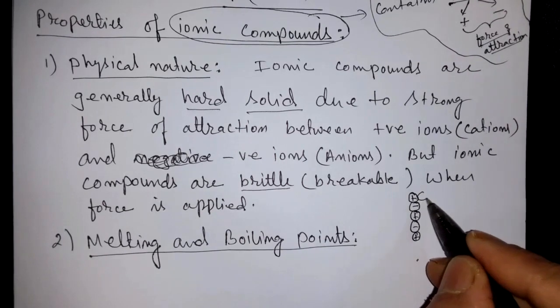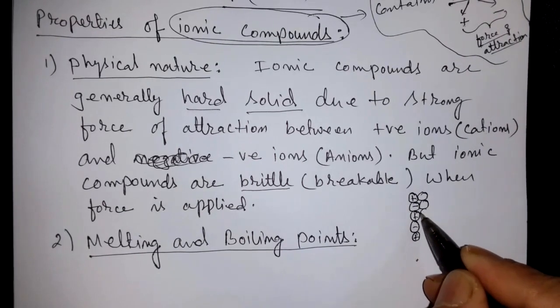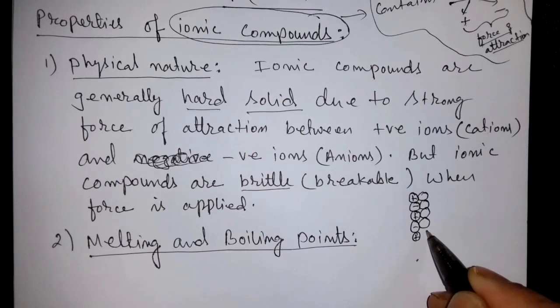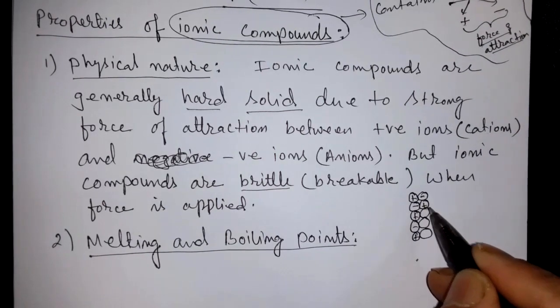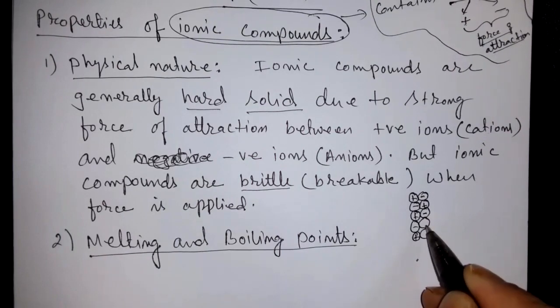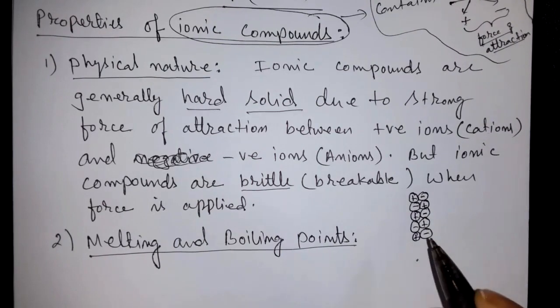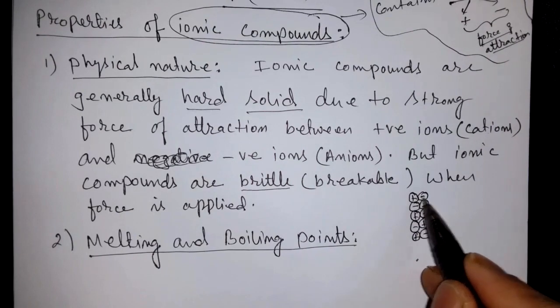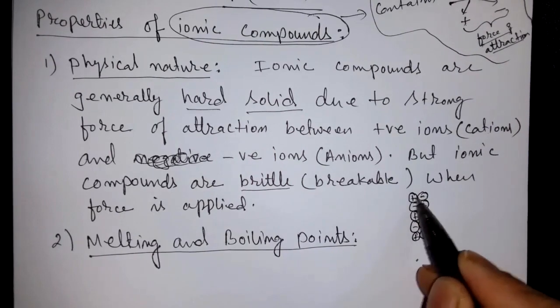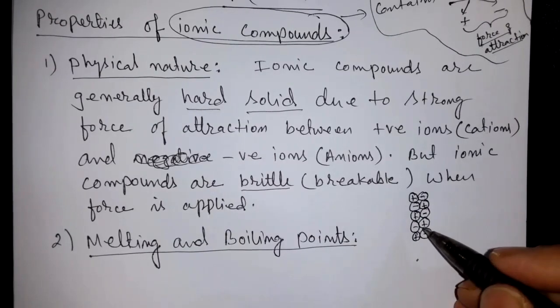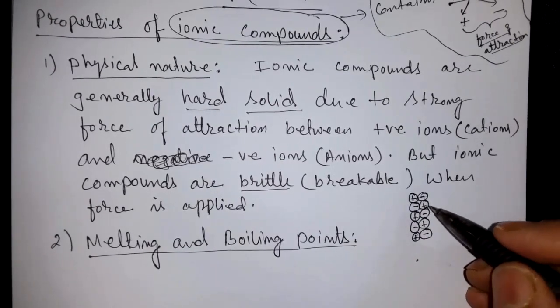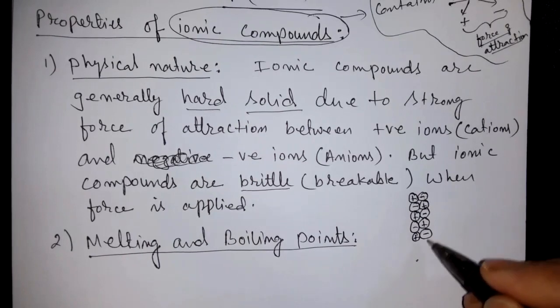Next, this will be negative, positive, negative, positive, negative. Between these two opposites there is attraction, between these two also attraction, between these two also attraction. So what happens when we apply strong force? This layer will slide down.